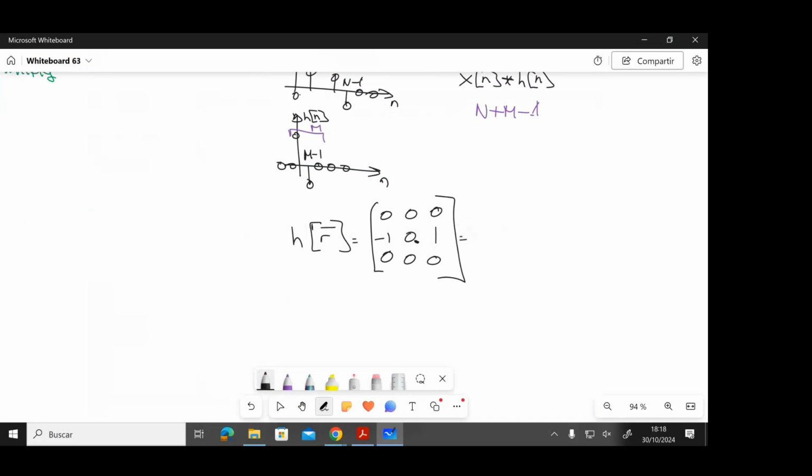So what is this kernel? This kernel is delta of (r minus 1, 0), where this is x, this is y, so this would be (0, 1), minus delta of (r minus 1, 0).